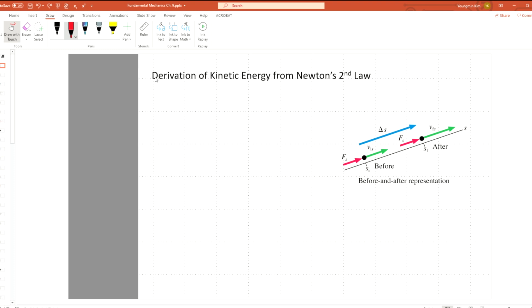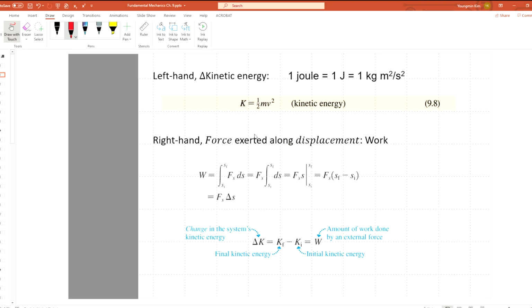All right, so we did derive the kinetic energy and the work starting from Newton's second law, and this was the first figure of force going in the same direction. On one side of the integral, we define work, that is the integral of the force with respect to the position.